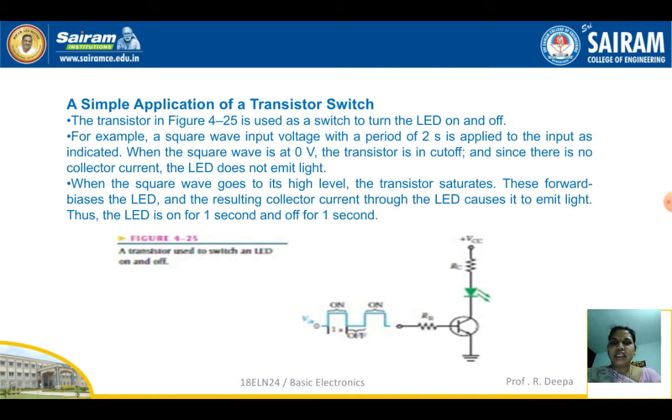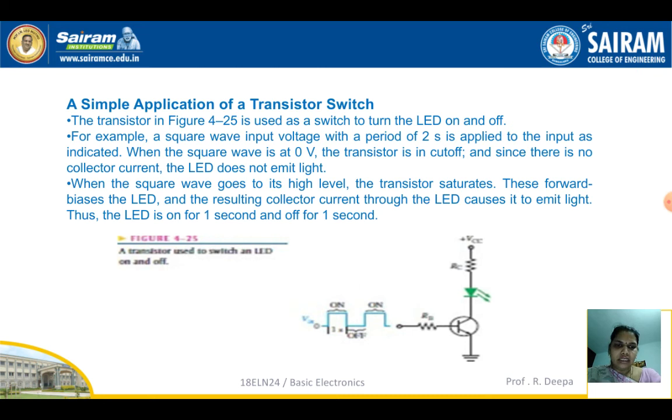So the next application of the transistor is how we are going to make the transistor act as a switch. So this is an important application of a transistor. So here the circuit diagram shown is a transistor in common emitter mode, which is used to turn on and off an LED.